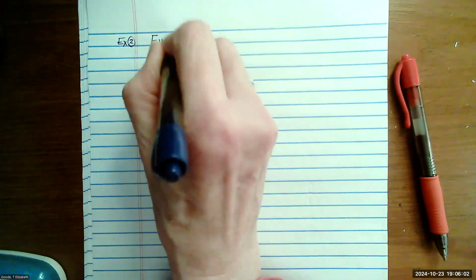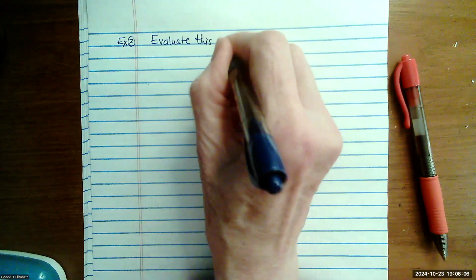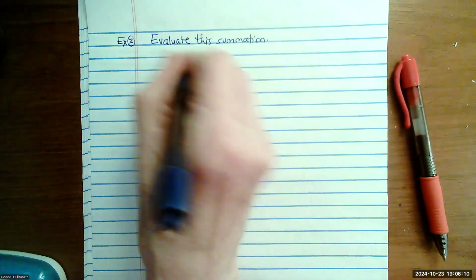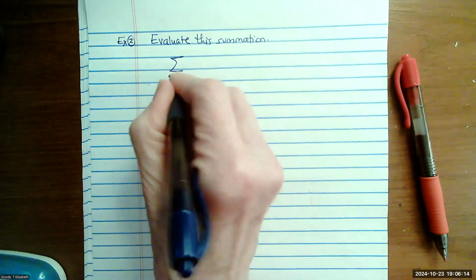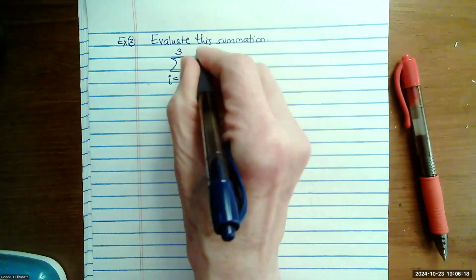Example 2. Let's do another one, and then we'll switch to product notation. No, actually, let's do something a little different. Here, evaluate this summation. All right, so let's just make sure you understand what that kind of question means. It's the sum, I'm going to use i, from i equals 0 to 3 of 2 raised to the i.